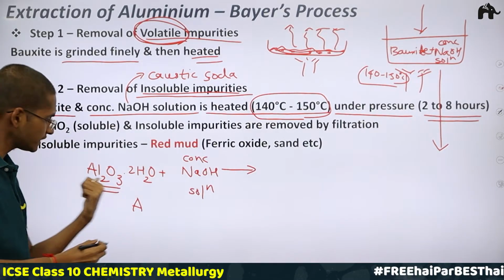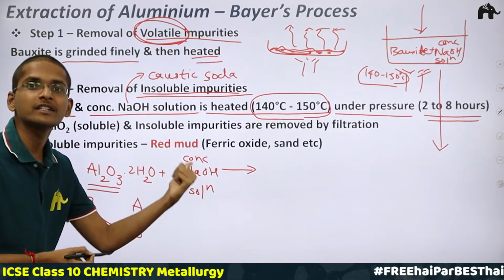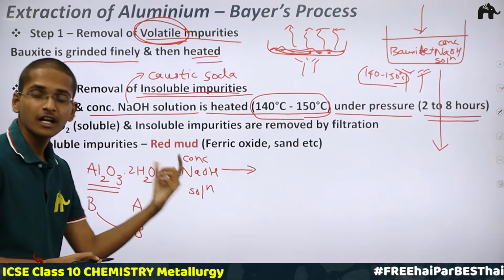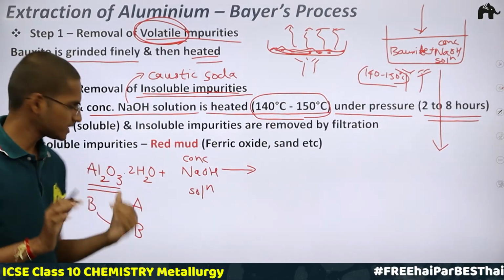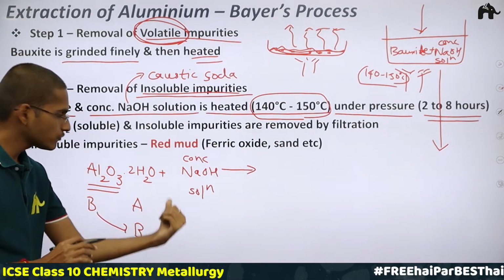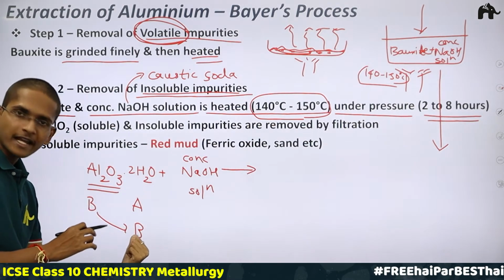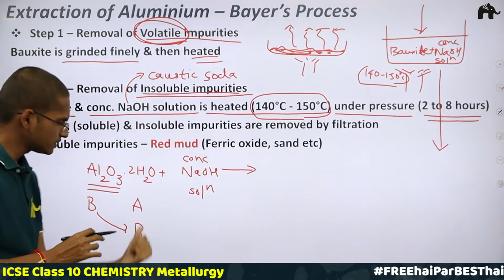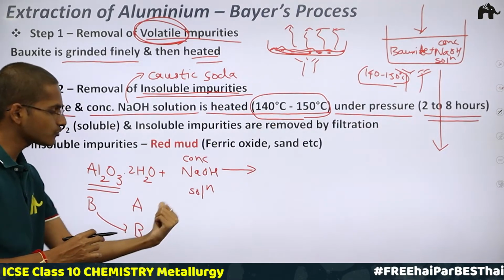But since it is amphoteric, it would also react with bases or alkalis. And here it is doing the same thing: it is reacting with the alkali and it would form salt and water. Just like bases react with acid and form salt and water, this basic oxide would react with an alkali and form salt and water.